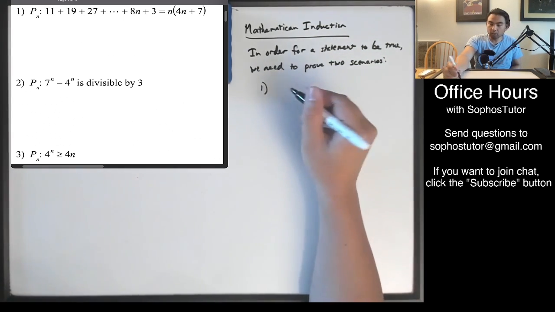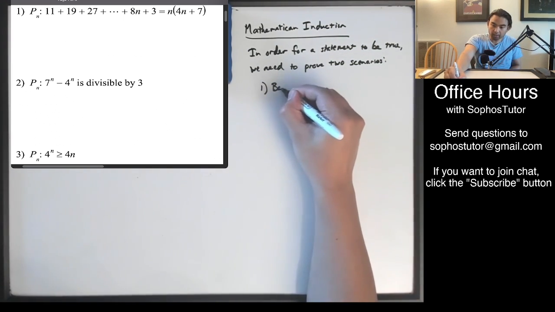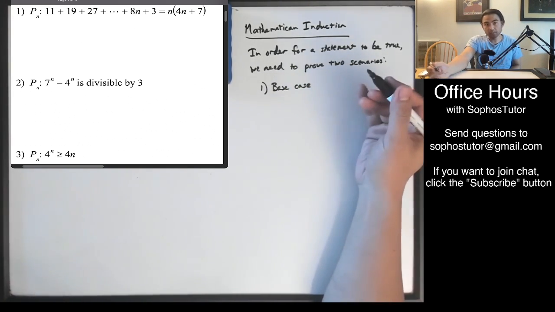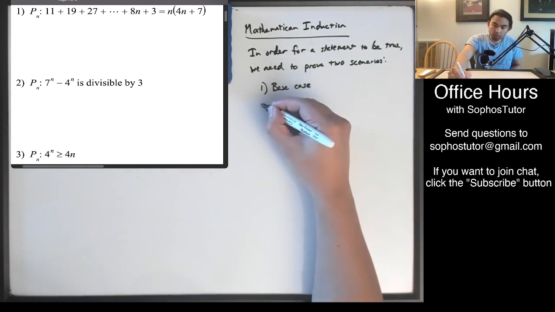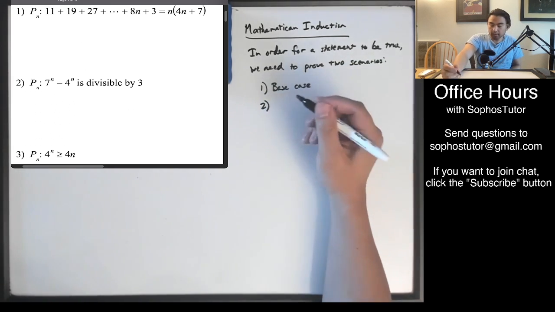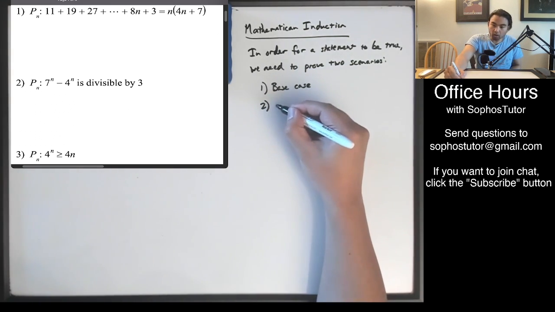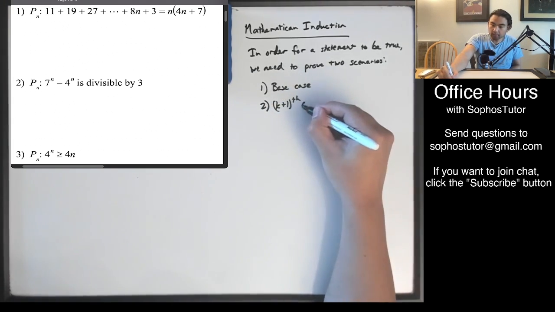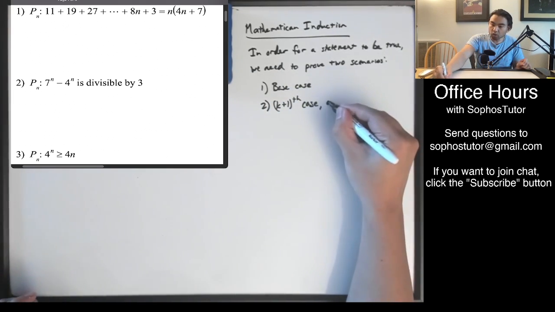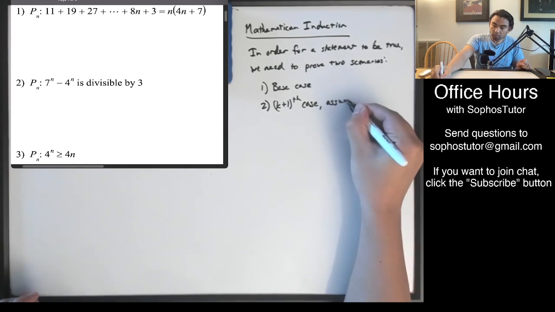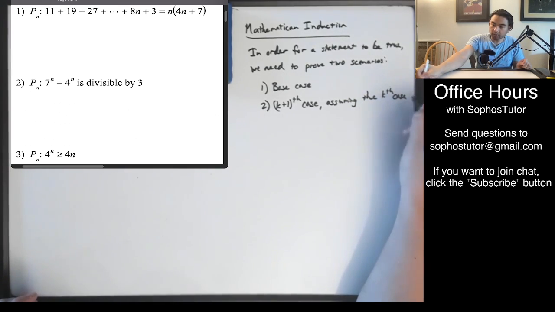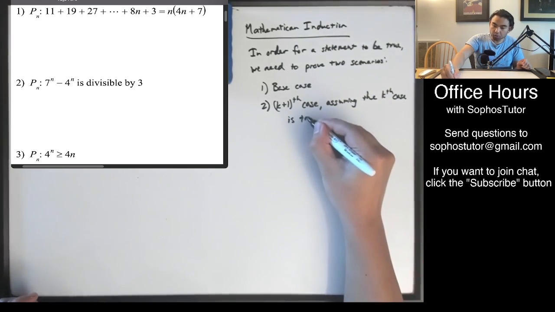The first scenario that we need to solve is what we call the base case. That is the simplest form of the statement that we're trying to prove. And then the second statement we need to prove is what we call the k+1th case, assuming the kth case is true.